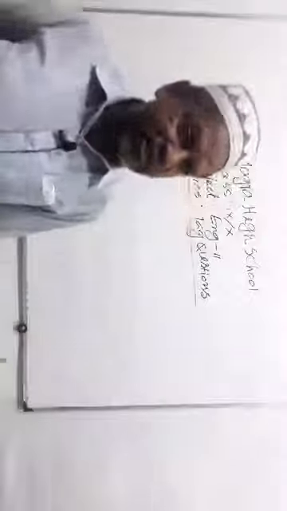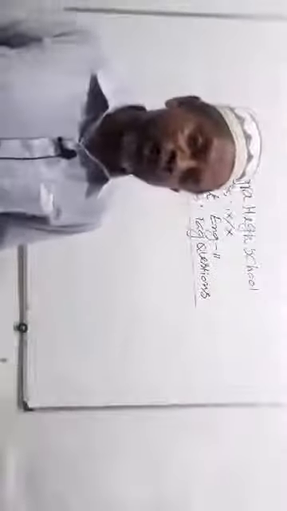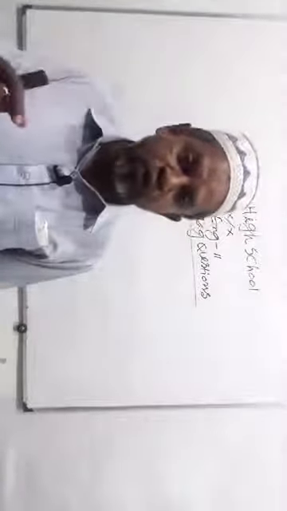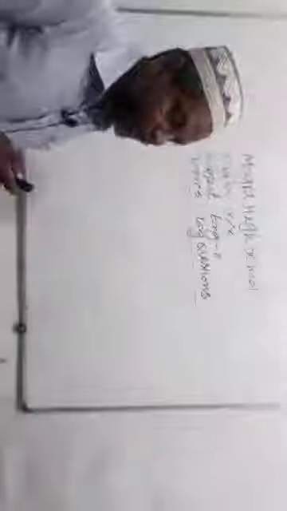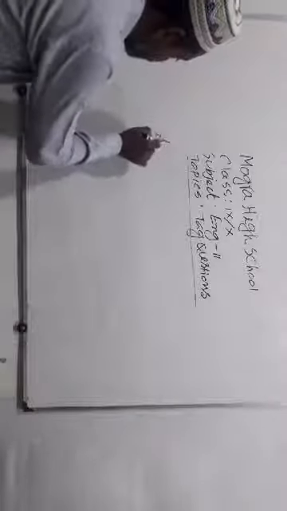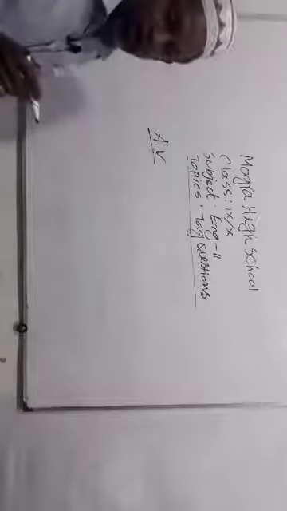Okay, let's discuss how we can solve tag questions and how many rules we have to follow if we want to solve them very easily. First, you have to know about auxiliary verbs. AV means auxiliary verb.